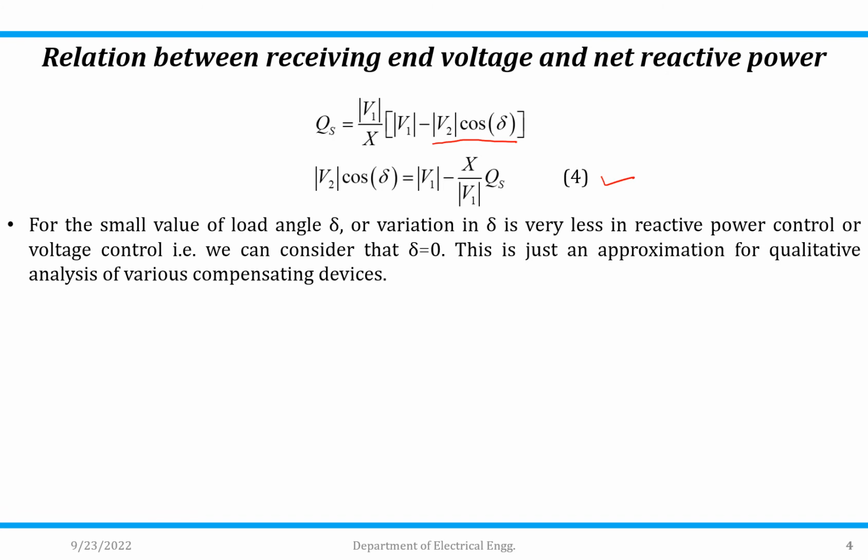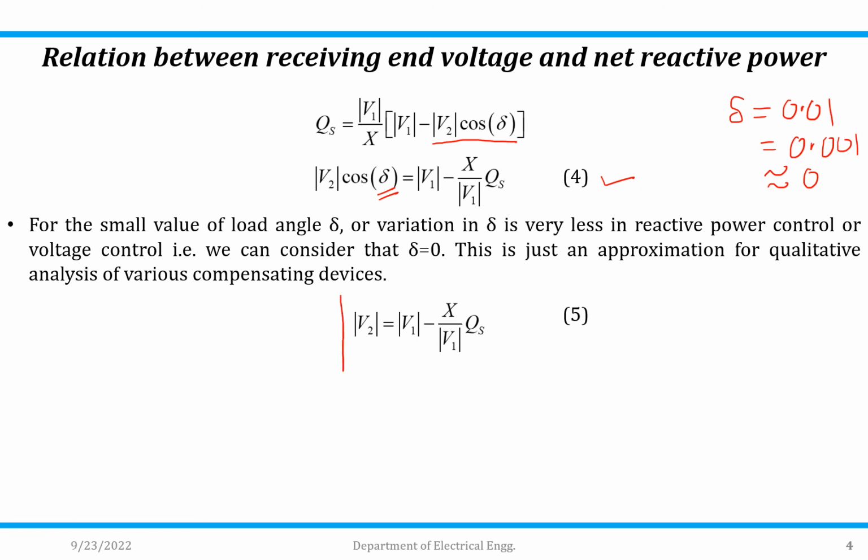Now if we have a small value of the load angle delta, let's say 0.01 or 0.001, I can say it is nearly equal to 0. When we put delta equal to 0, cos delta or cos 0 is equal to 1.